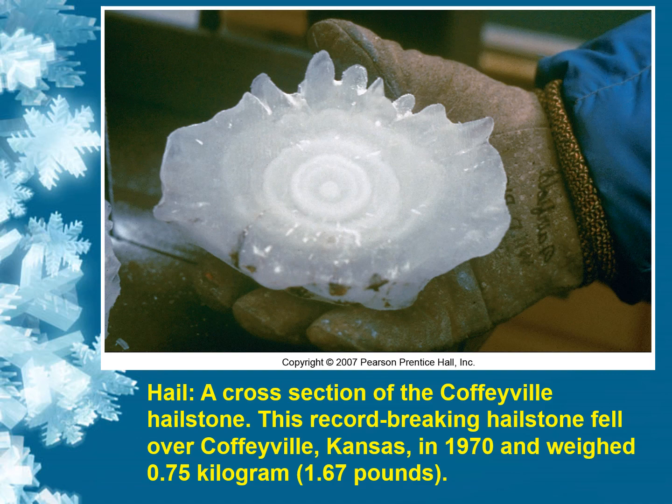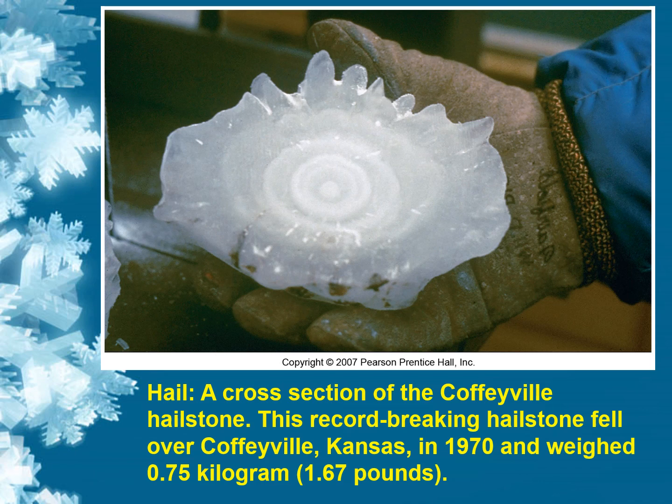This was a record. I seriously doubt it's still a record. But roughly close to 10 years ago, perhaps more than 10 years ago, when this edition of the textbook was published, this was a record hailstone.